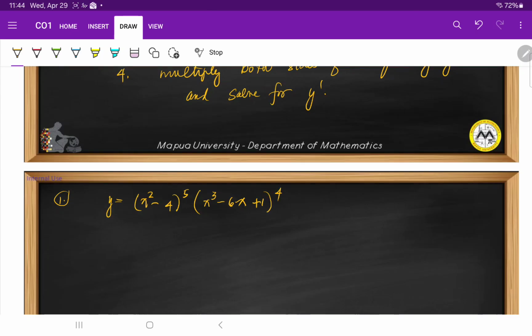So let's do logarithmic differentiation. We take the natural logarithm of both sides, and then we simplify by using the laws of logarithm.